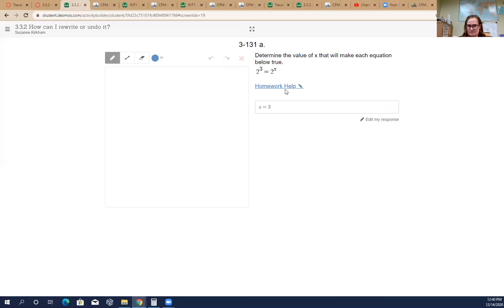Yeah. Okay. All right, so page 20. What would X equal in this one? X to the third equals 5 to the third. X would equal 5. Yep, X equals 5. Okay, page 21. This one's a little bit harder, but not too bad. 3 to the fourth equals 3 to the 2X power.